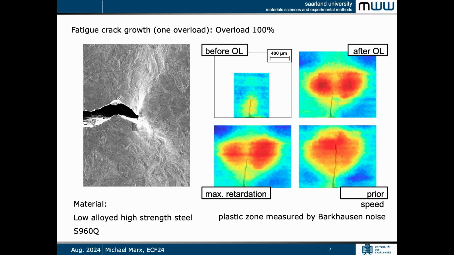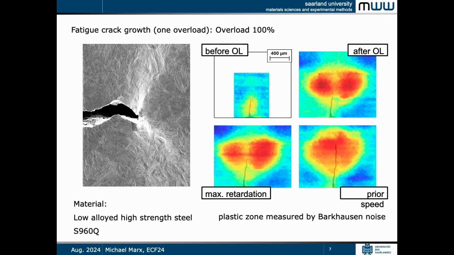This here is before the overload. You see a small plastic zone with residual compressive stresses. After the overload, you have a really big zone with compressive residual stresses, and then the crack is growing through this zone with these compressive stresses. And here it's called maximum retardation.